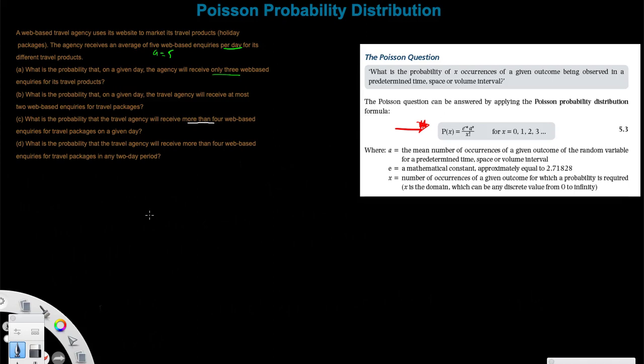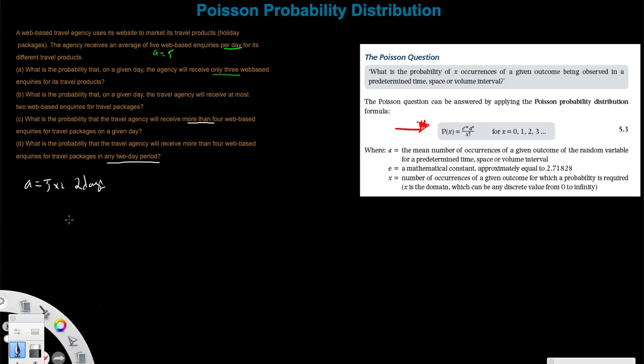The last question now will require us to read carefully. They ask what is the probability that the travel agency will receive more than 4 web-based inquiries for the travel package in any 2-day period? Now we knew that our A was equal to 5 per day on average. Because they've now said that we have 2 days, our A has become times 2. It has doubled.